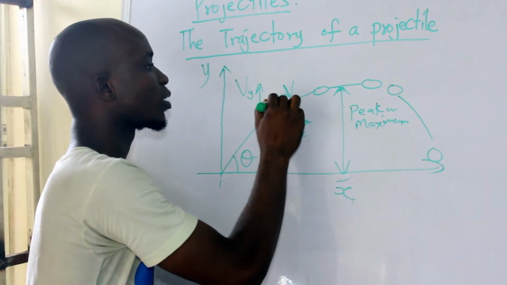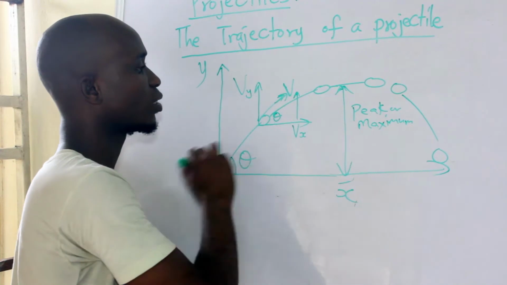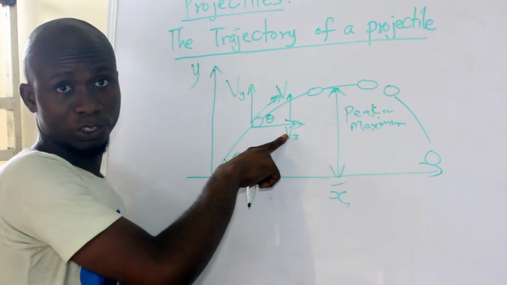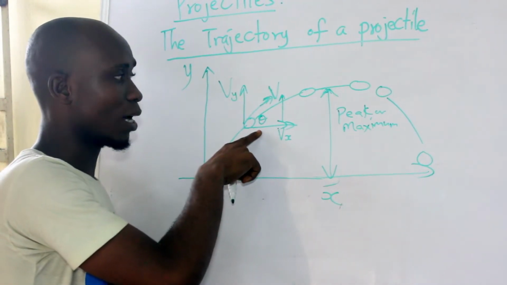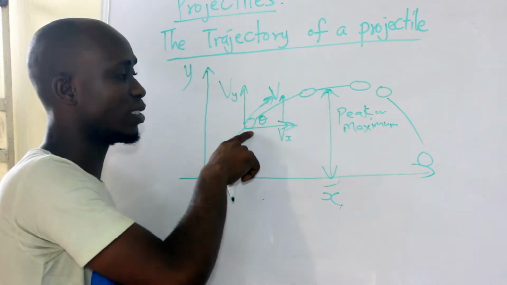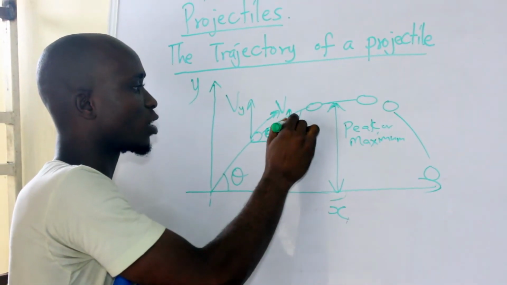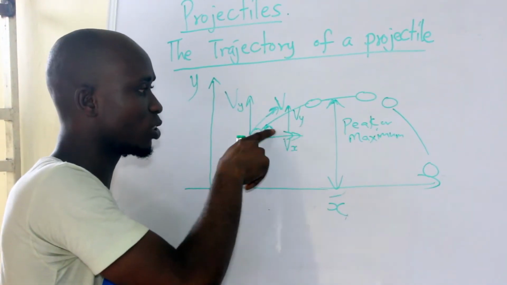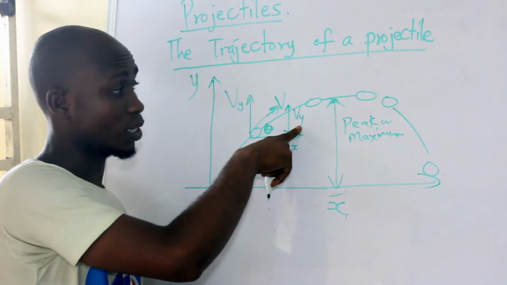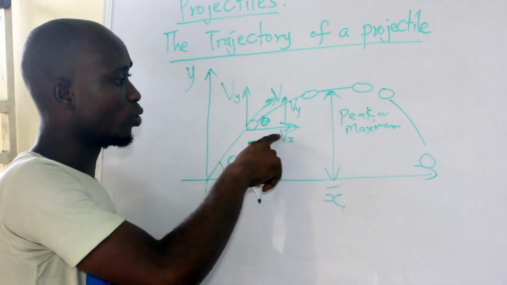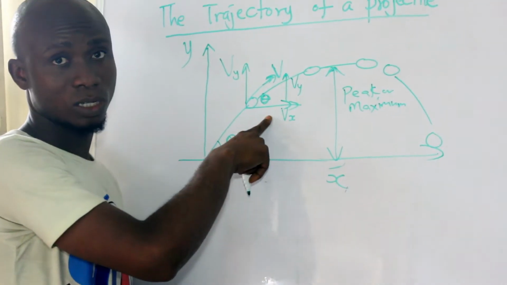So, resolving our components, the horizontal component will be cos theta, while the vertical component will be sin theta. Because if this is theta, the vertical component is actually opposite theta, so this is going to be resolved with sin theta, and this is going to be resolved using cos theta.